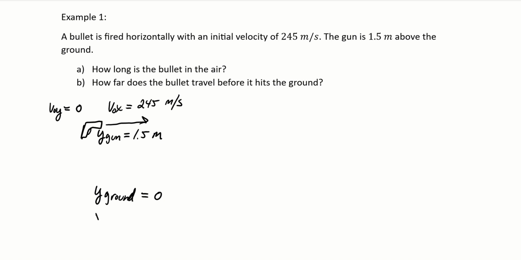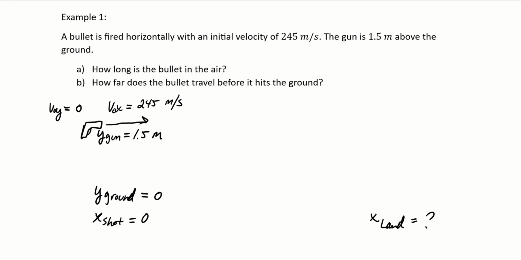I'm going to call where my gun was shot from x shot, and I'm also going to define that as 0. So my starting point is where the bullet leaves the chamber in the x direction. Where the bullet lands, I'll call that x land, is, well, we don't know how far it's going to fly. So that's a question mark.